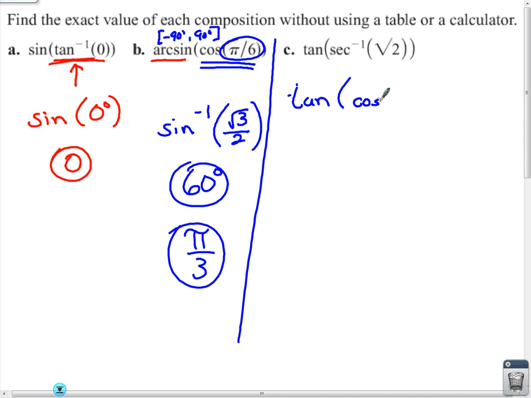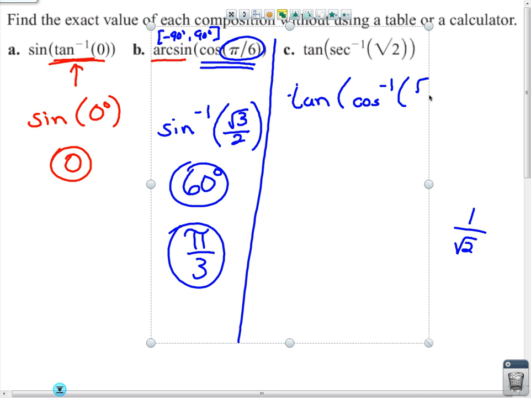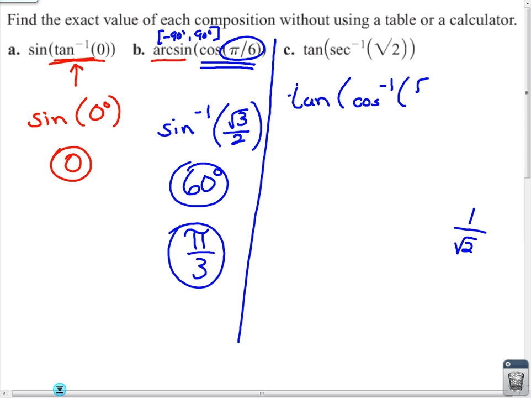So the tangent of the inverse cosine of, you have to flip that argument, it'll be 1 over root 2 or root 2 over 2 once you rationalize. Inverse cosine of root 2 over 2.